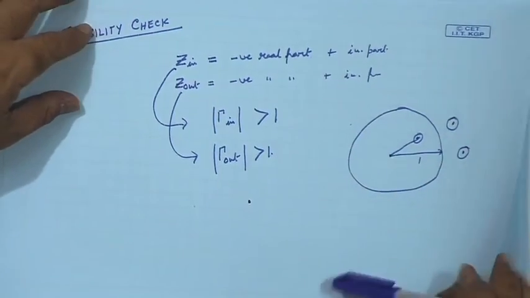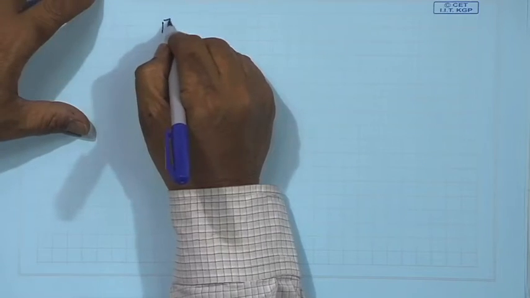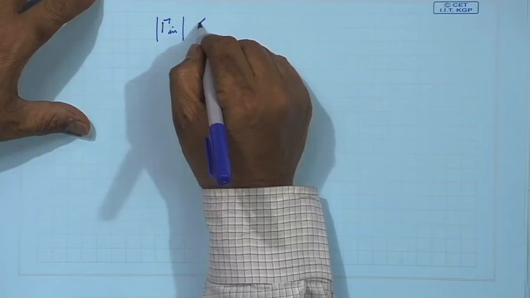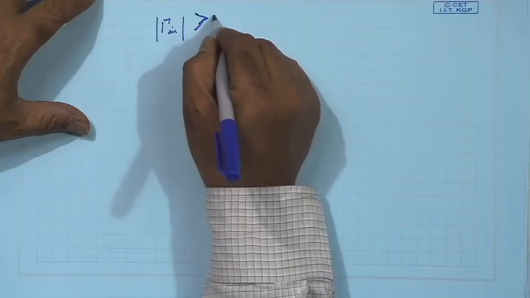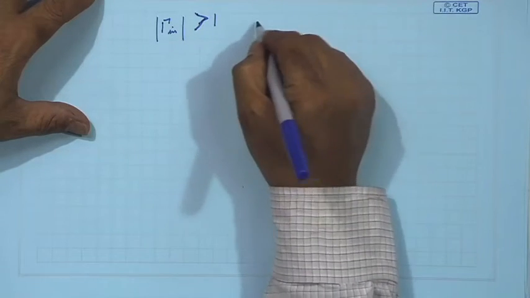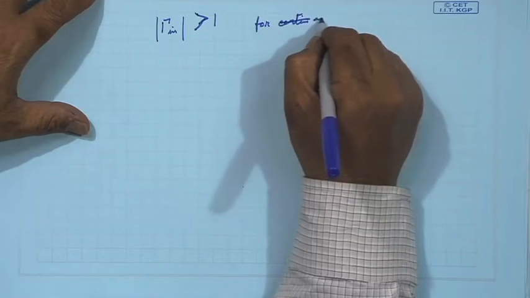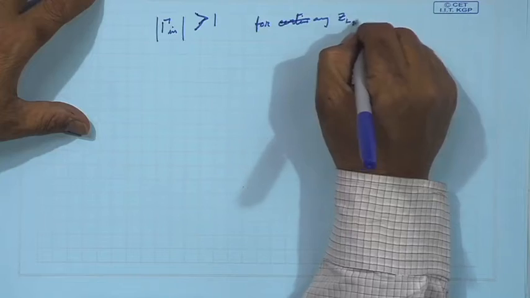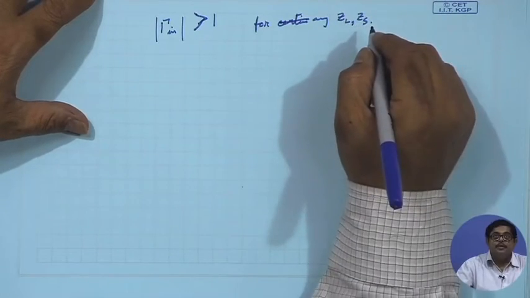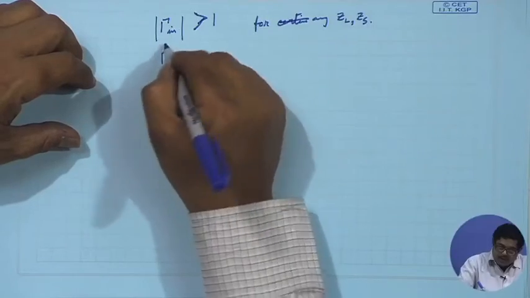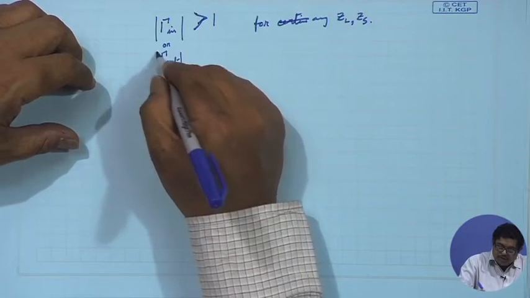So what is the stability check? We can check these conditions: if the magnitude of gamma in is greater than 1 for certain or for any ZL and ZS combination, then we say that the device is potentially unstable, or gamma out is greater than 1.